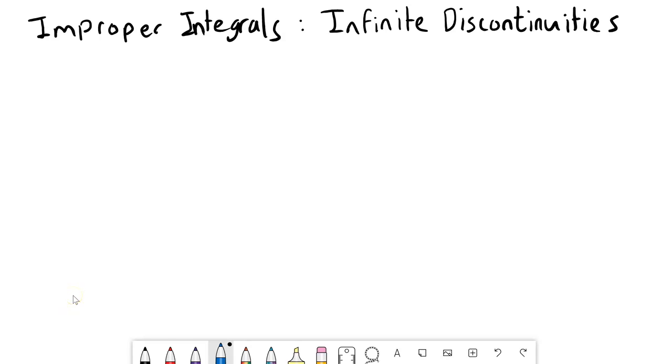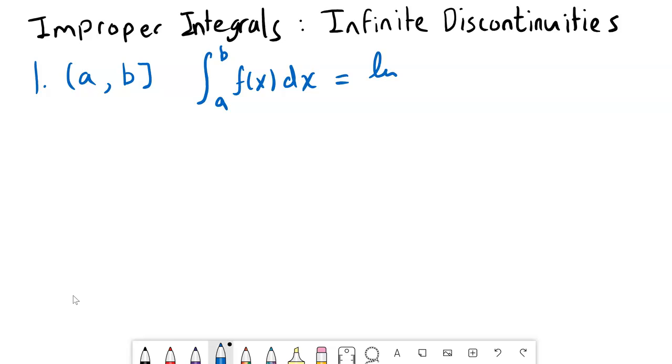The first one is basically what happens when we have an endpoint discontinuity at A, where it's not specifically defined at A, but we can work with it because it's an open interval at A. So what I want to do is basically see the integral from A to B of f of x, how do we solve this problem? We have to do basically the same thing as in the infinite case.